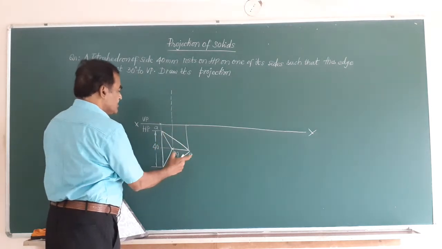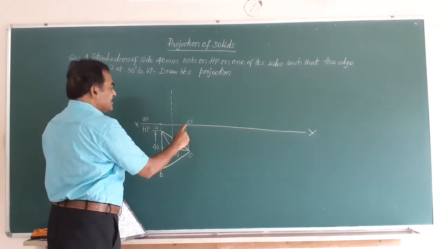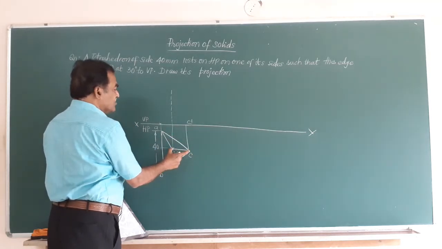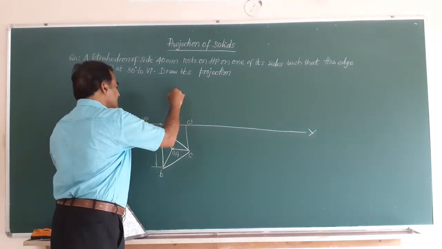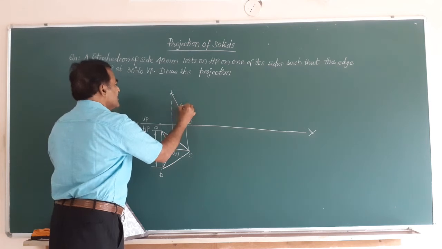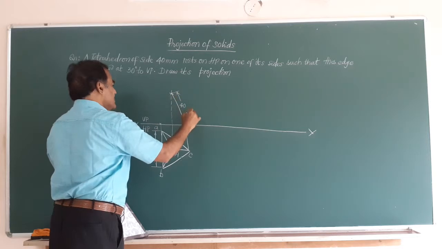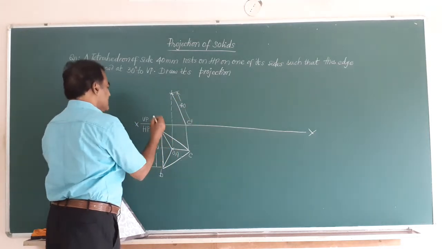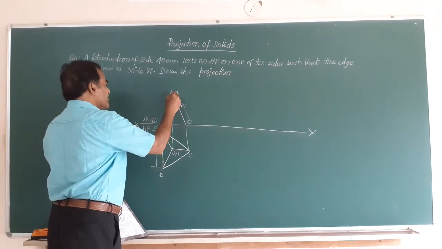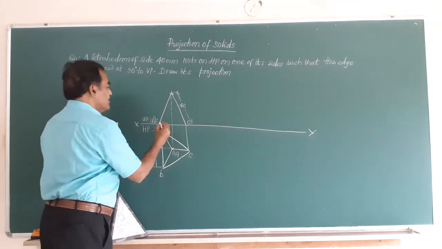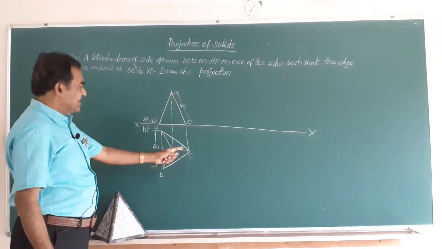Now, since OC is parallel here, if this is C dash, I take C dash as the center and the radius equal to 40 millimeter, that is I draw an arc, because 40 millimeter is the length of this edge, and obtain these points A dash B dash exactly similar to what we do in the case of a triangular pyramid. Friends, this figure will represent the front view of the solid, and the top view is a triangle.